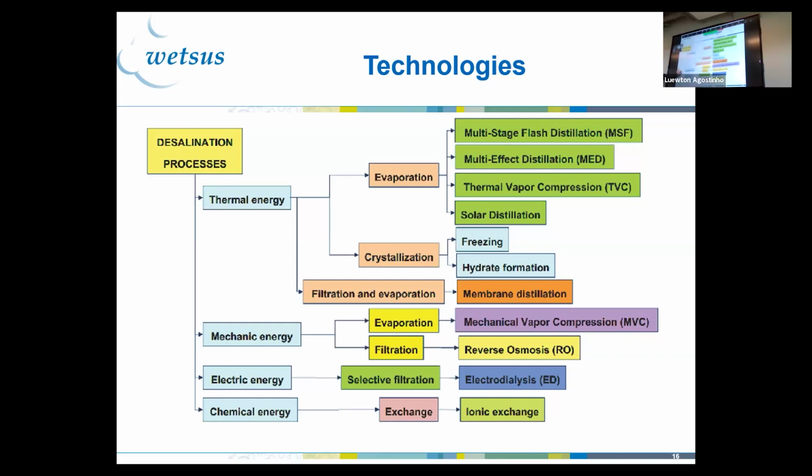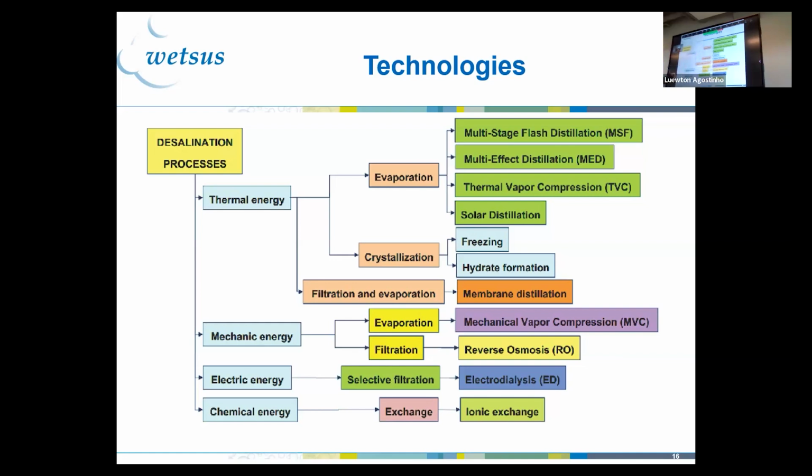And then you get to the mechanical and chemical energy, let's say thermal and non-thermal, because this corresponds to a quite small fraction, excluding, of course, seawater reverse osmosis, which is taking the market right now, by far the most used system. So if you look at big plants, serious things, you see reverse osmosis and you see thermal desalination. For the very, very big plants for human consumption, you will find these two.